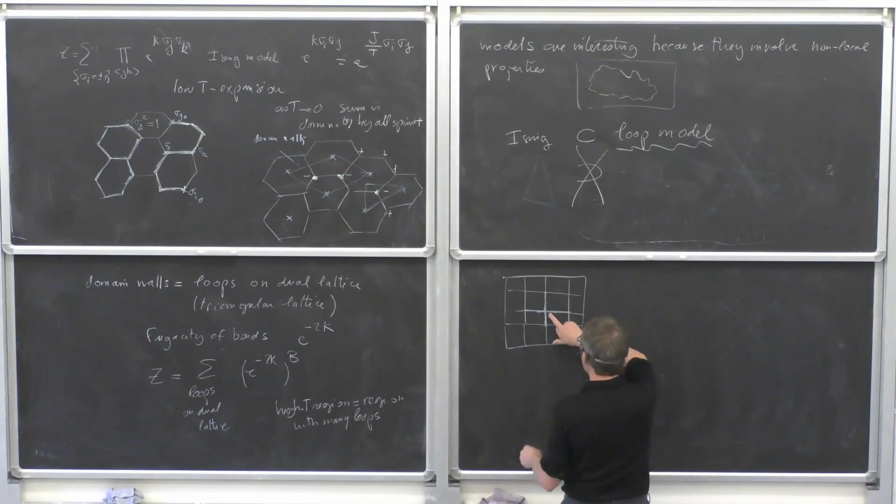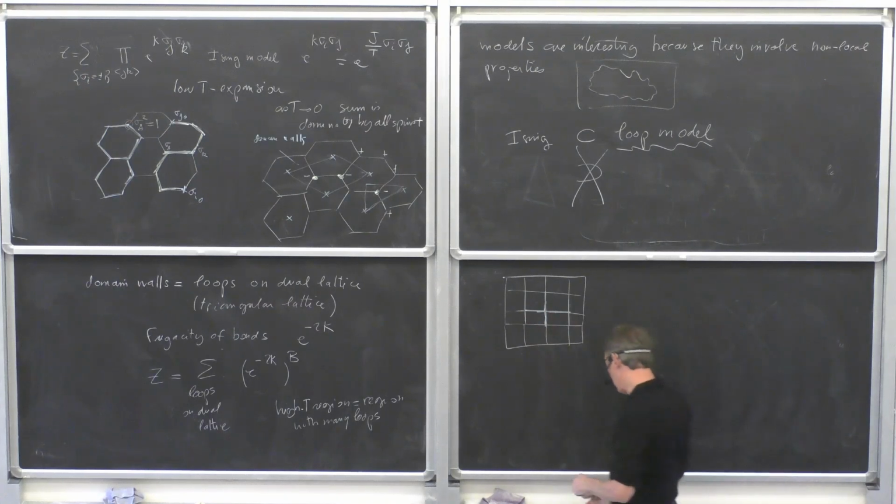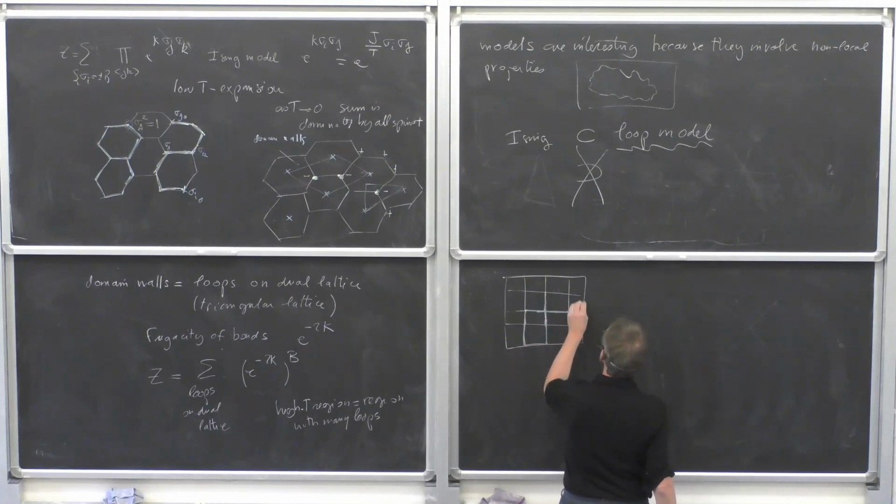This sigma will come once because of this edge, once because of this edge, once because of this edge, and once because of this edge. So now I have the standard high temperature expansion of the Ising model on the square lattice.